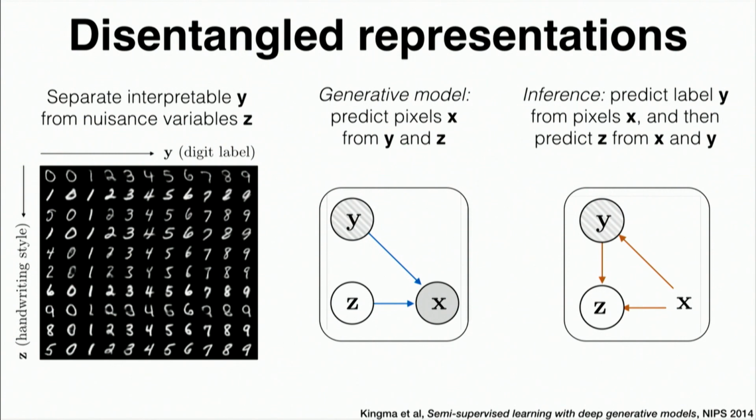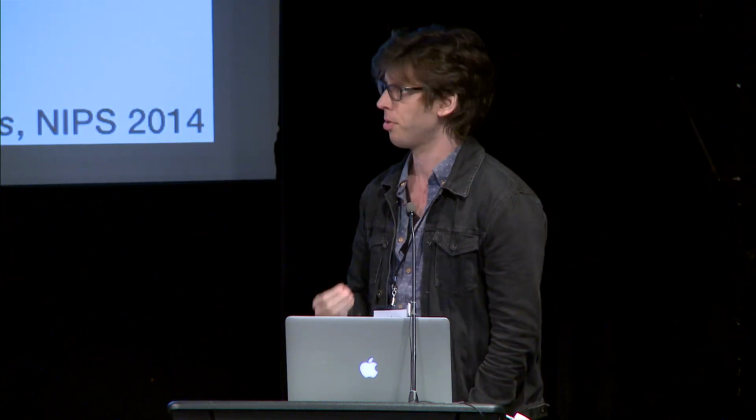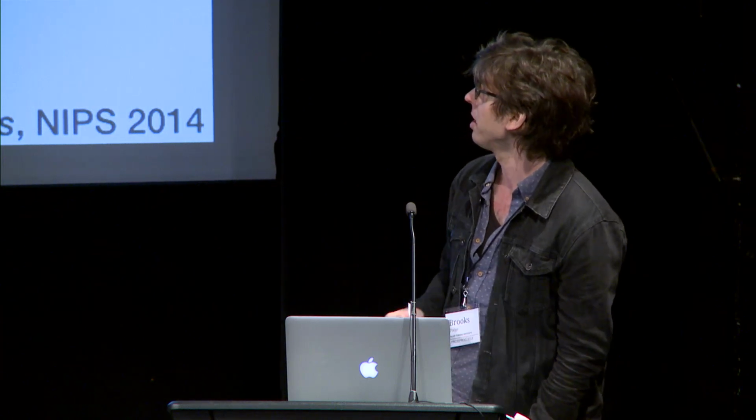You can still fit this by maximizing an ELBO. There's a semi-supervised learning paper from Kingma et al. which deals with this particular model. But that was in a semi-supervised setting, and I'm less interested in learning digit classifiers than in how we can use this approach to learn novel sorts of generative models.